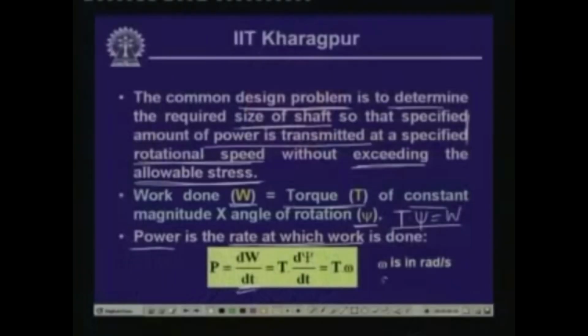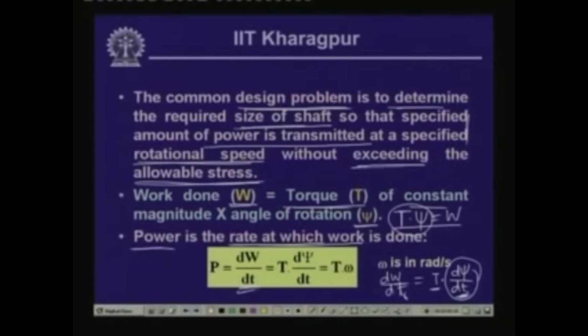Now, power is generally the rate at which this work is done. So, P is equal to dW/dt, and T being a constant magnitude, substituting W as T psi, where small t is the time, this is equal to capital T, which is a constant torque, times d psi/dt.